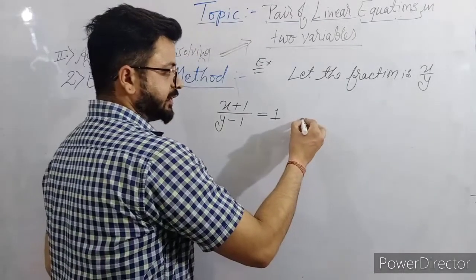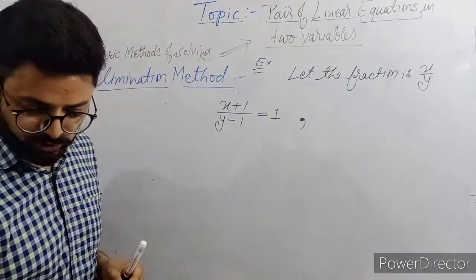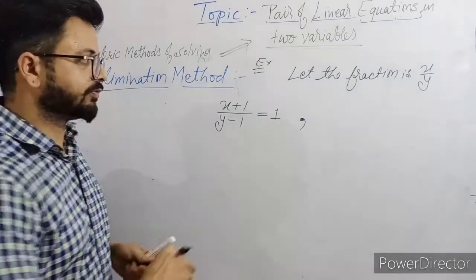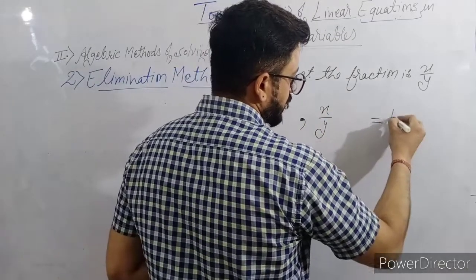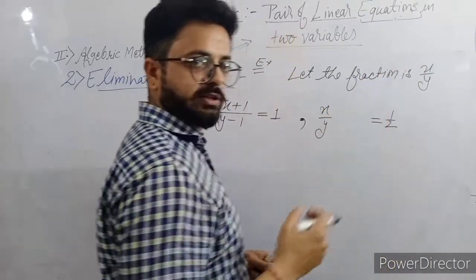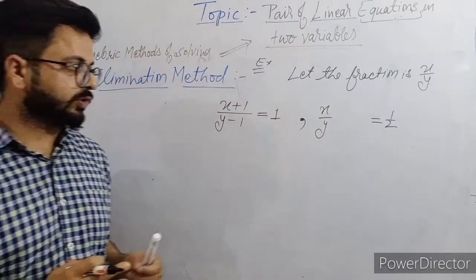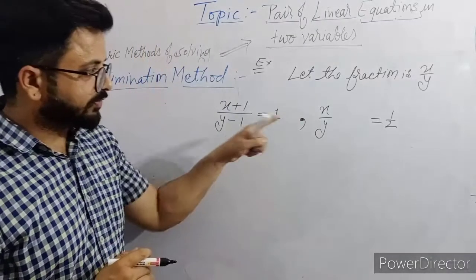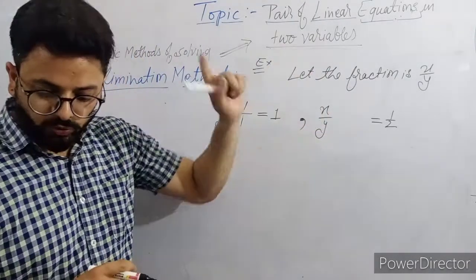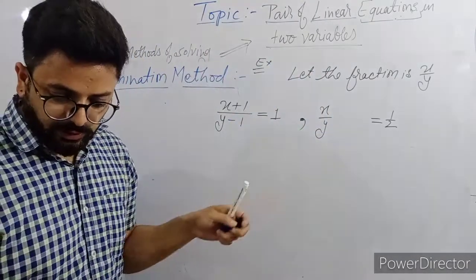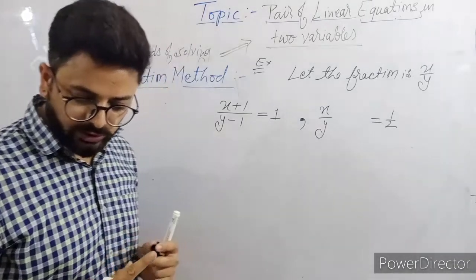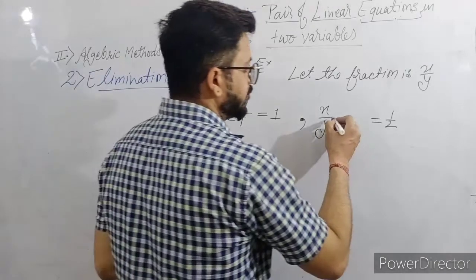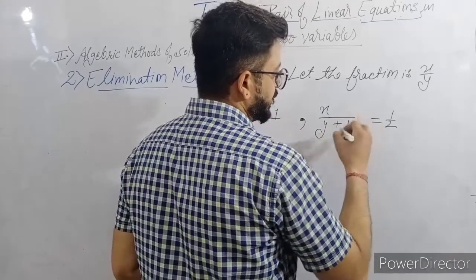And for the second condition, the question is saying, it becomes half, this fraction becomes half, if we only add 1 to the denominator. The question is already there in your NCERT book, you can see.